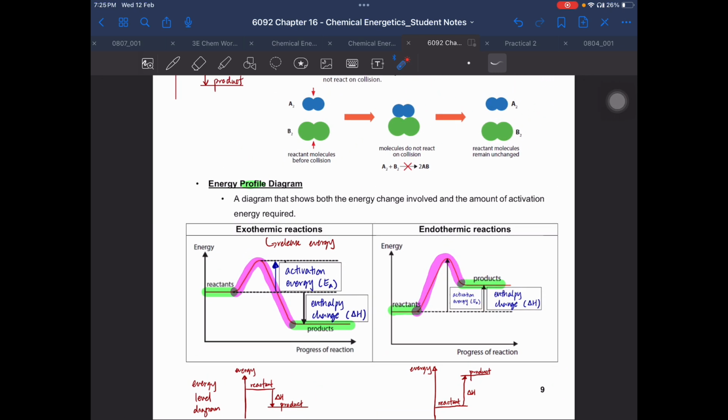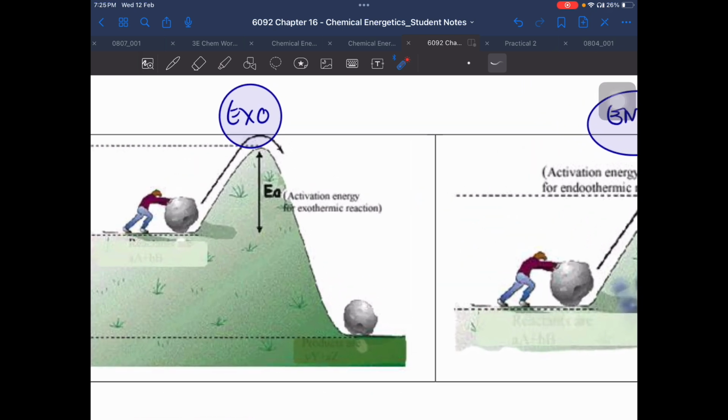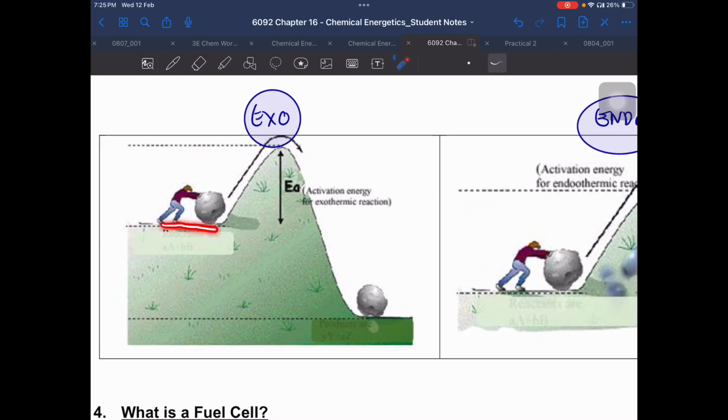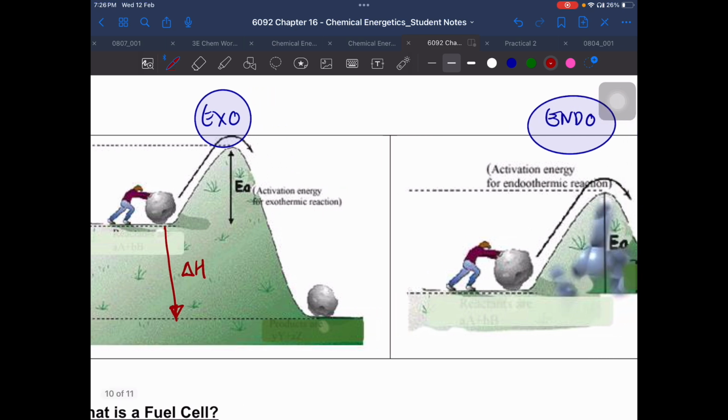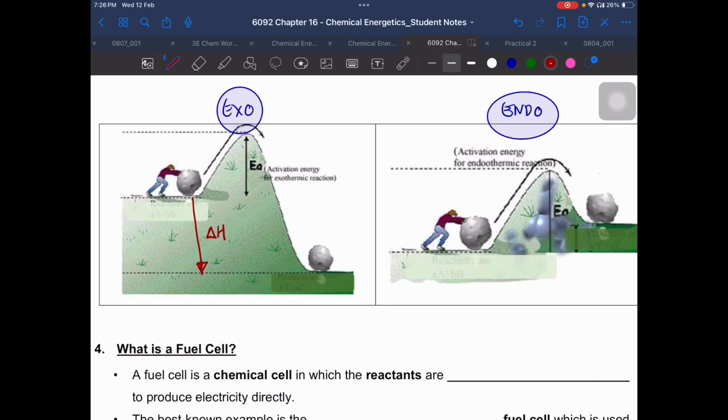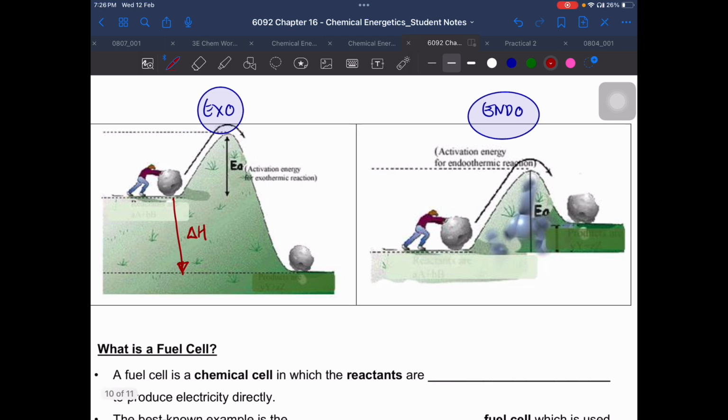Think of it a bit as if you are pushing a big rock across a slope. For an exothermic reaction, it's like pushing up this hump, which is the activation energy, before the rock goes all the way to the bottom, and this is represented by the difference, which we term the enthalpy change. Similarly, or rather on the contrary, for endothermic, it's as if you are pushing a big rock over a hump before it rolls to higher ground, and you have this energy difference, which is your enthalpy change.